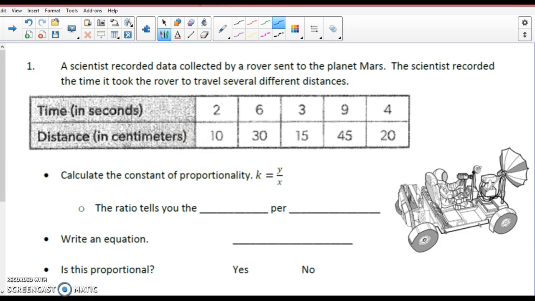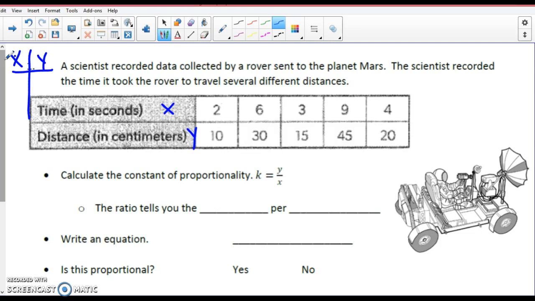Which one of these values do you think is going to be X? Which would common sense tell you would be X? Yeah, the one that's listed first. When you have a table of values, X is always first. This is a horizontal table. If we have a vertical table, it's X, Y. But a horizontal table would be X, Y, right?